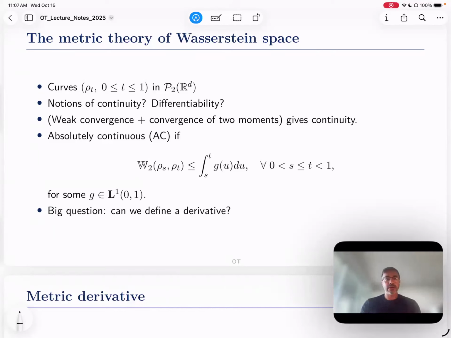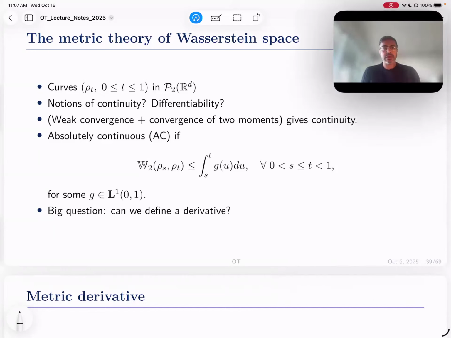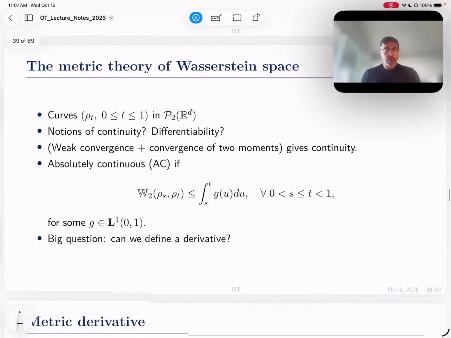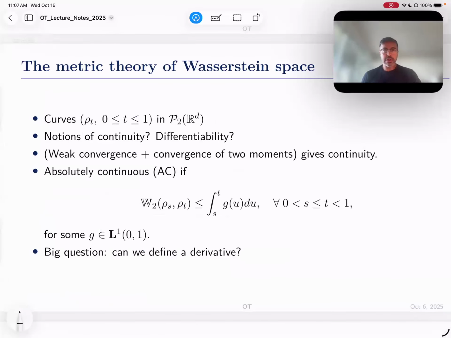All right, okay, good. Let's start with today's class. We're now going to start talking about the metric space theory of the Wasserstein space. So recall, what is the Wasserstein space? My underlying space is R^d, and I look at probability measures on R^d that have finite second moments.